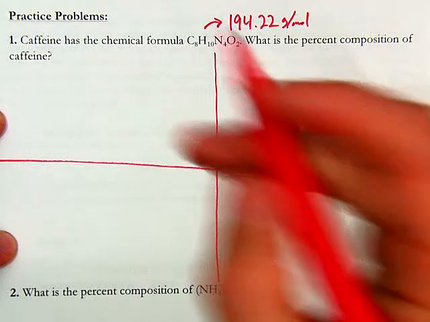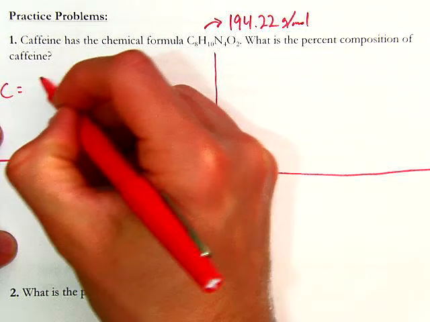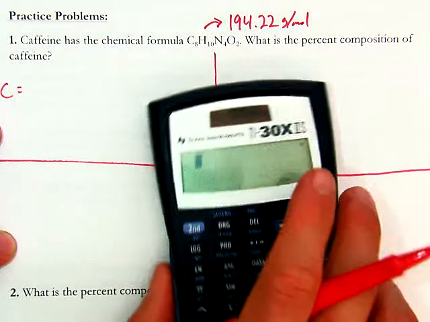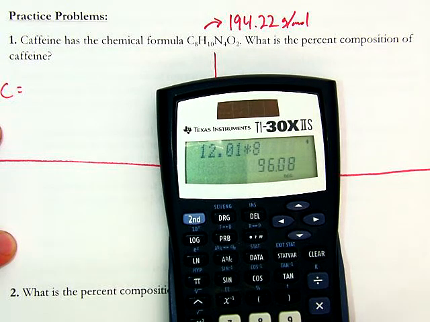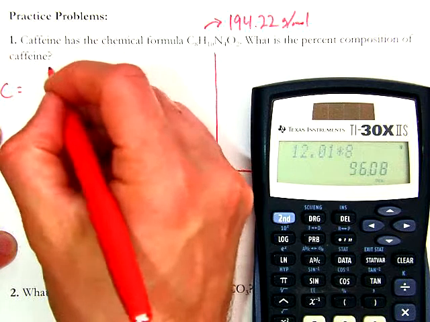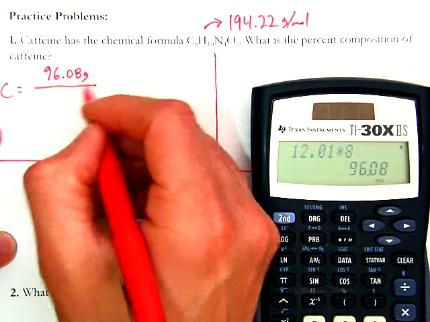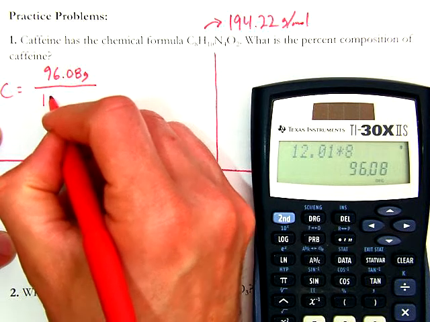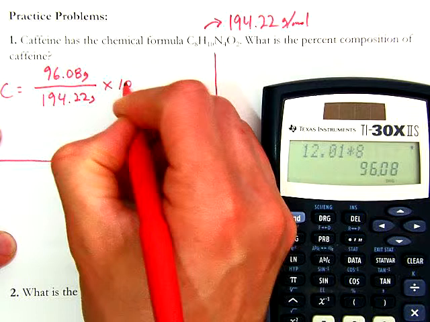So carbon, right? Carbon is 12.01, and we have 8 of them. So a little over 96, right, 96.08 of the grams is contributed by carbon of the 194.22. This is going to be times 100.